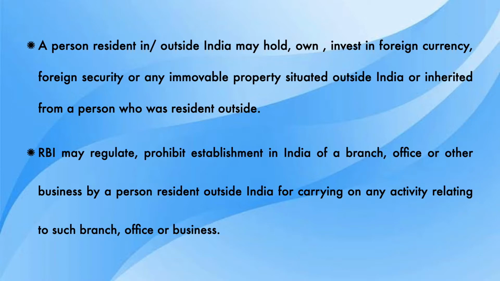I've already explained to you the definitions under FEMA. Any financial certificate which has been recognized in terms of a foreign currency, I call that a foreign security. For example, if I have a letter of credit or a bill of exchange which is denominated in rupees, that is not called a foreign security.